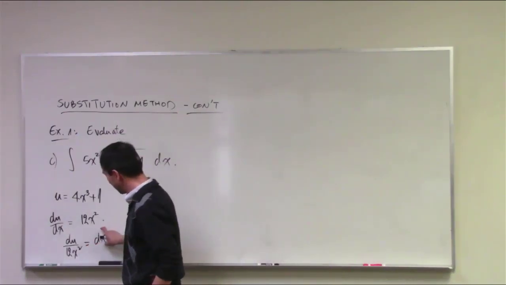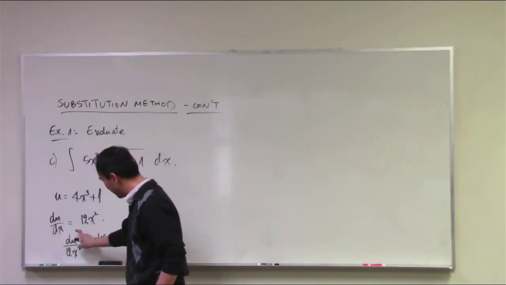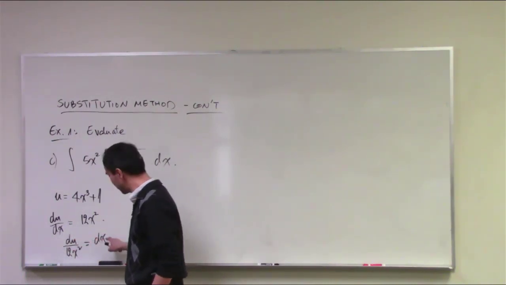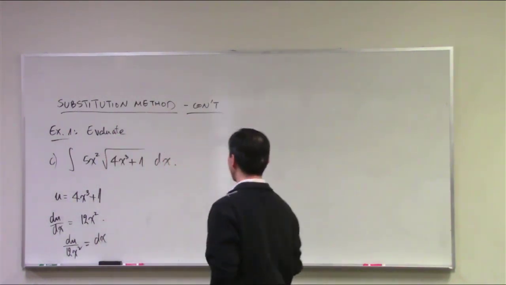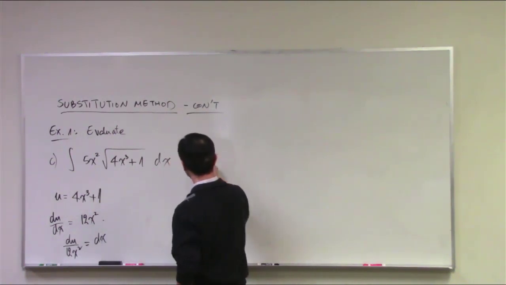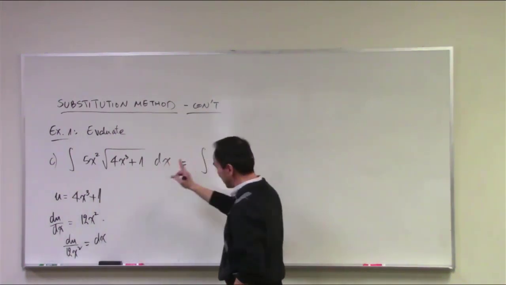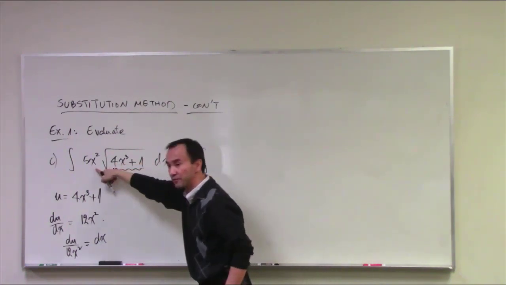Now I have produced for myself a substitution for dx. So we are getting ready to put all the pieces together. The integral is here. Our substitution was chosen for the 4x cubed plus 1, so the 5x squared stays the same.